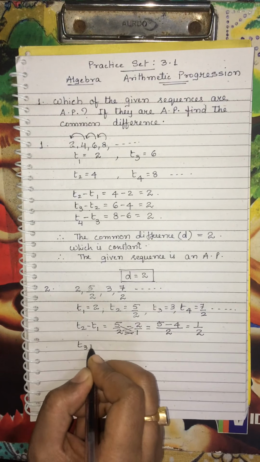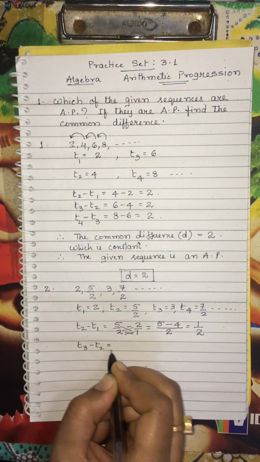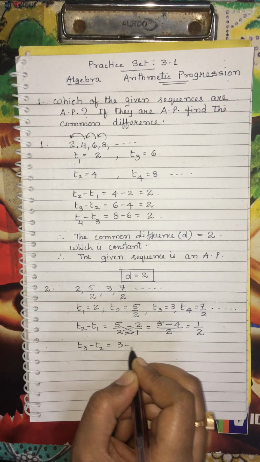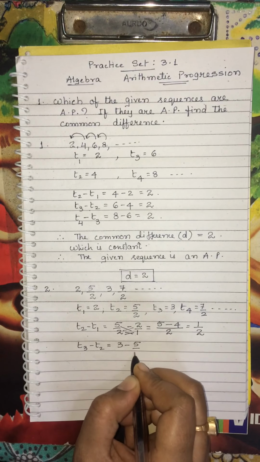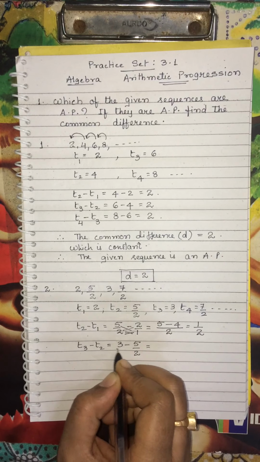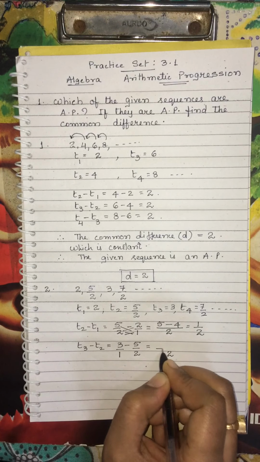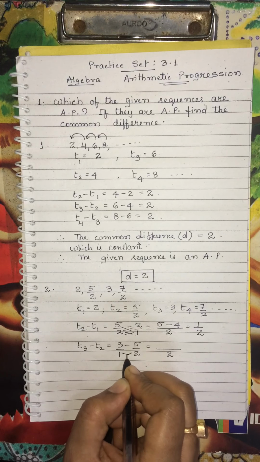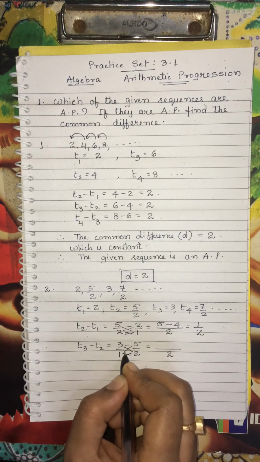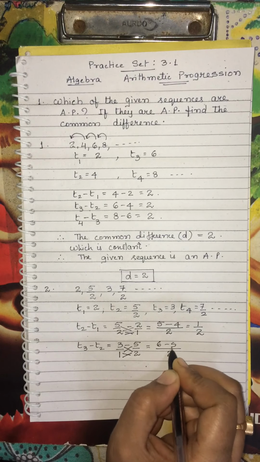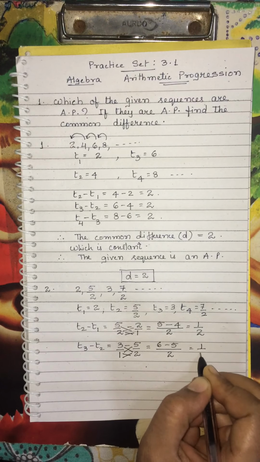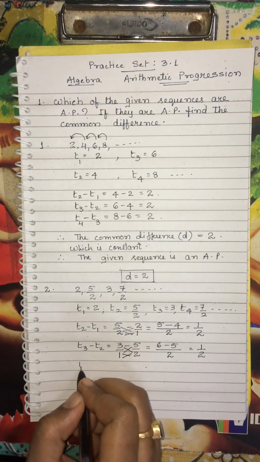And T3 minus T2 is equal to 3 minus 5 upon 2. Again in the same manner, 3 is having the denominator as 1, so the cross multiplication of the denominators and then with the numerators, that again gives us 1 upon 2.